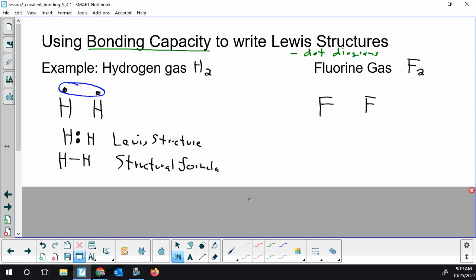It's got 3 pairs and one single. So I'm going to be strategic. I'm going to put the single towards the other atom. And then I'm going to write in the 3 pairs. The other fluorine atom is identical. 1 single, which I'm going to put towards the other atom, and 3 pairs.